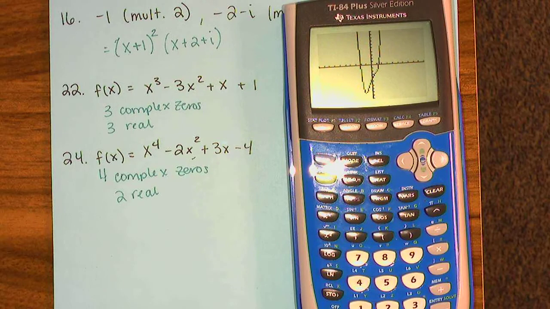Okay, so then 27 through 32 says to find all of the zeros and write a linear factorization of the function. Basically, with these, we're going to go back and essentially do what you guys did in the last chapter.